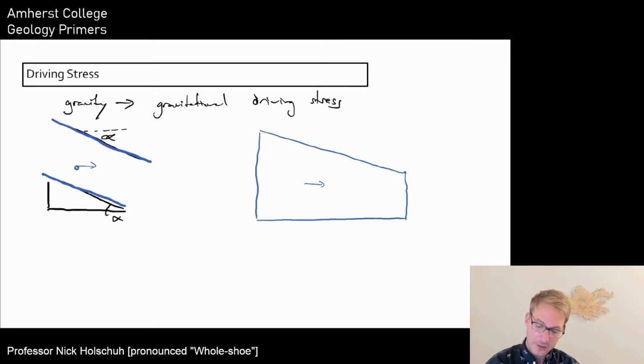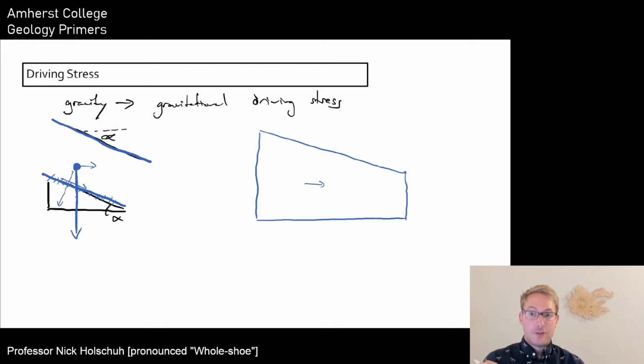So let's think about the gravitational force acting on this glacier. The gravitational force is downward. We can resolve that force into a stress at the bed of this glacier. That stress has two components, a normal stress and a shear stress.